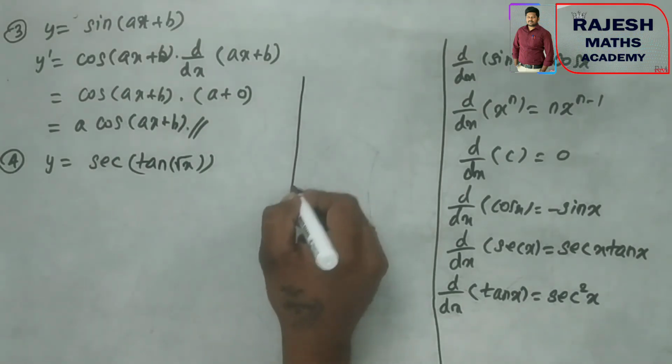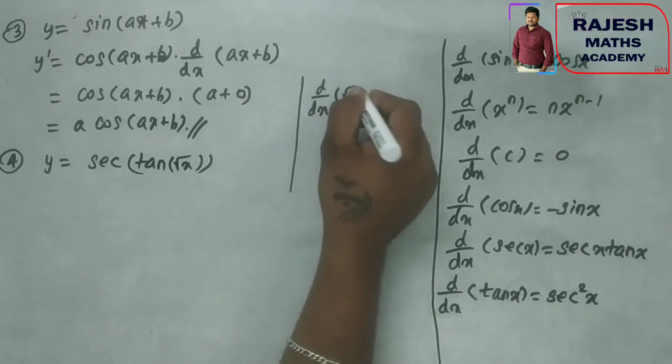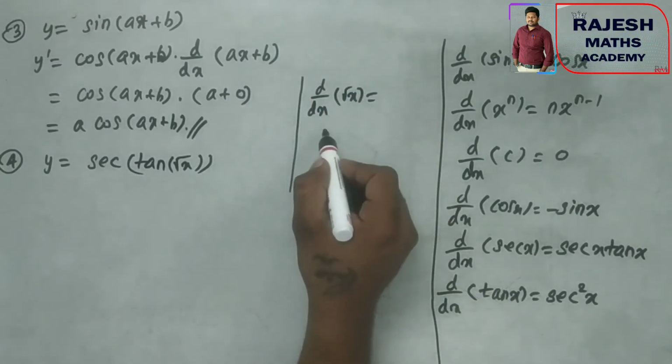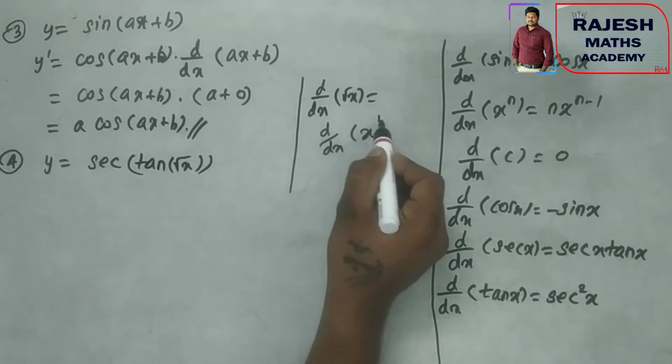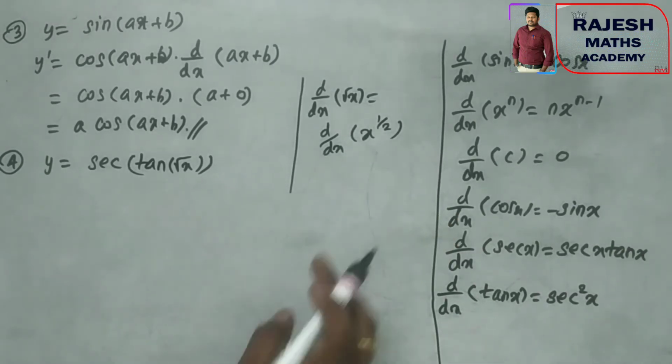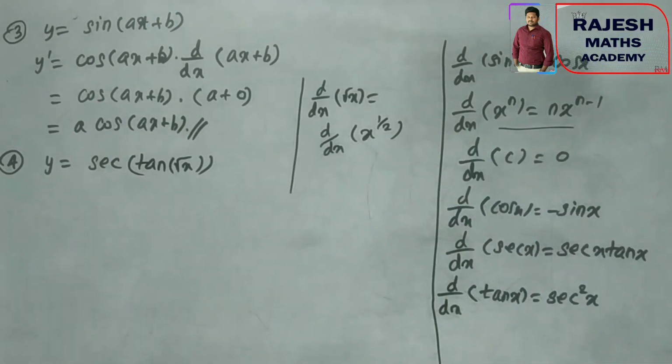So how to differentiate root x? d by dx of root x can be written as d by dx of x power 1 by 2. We use the formula d by dx of x power n equals n into x power n minus 1.